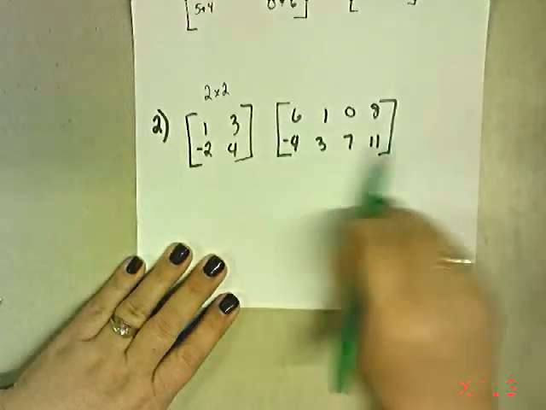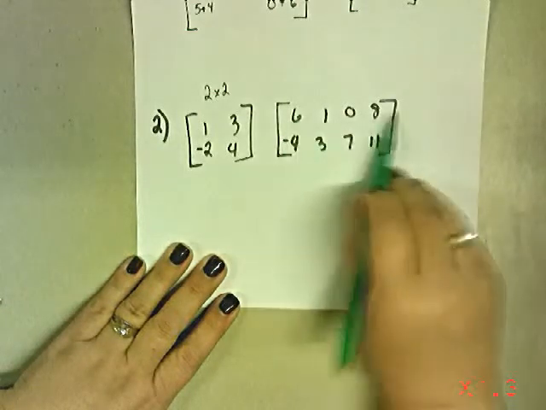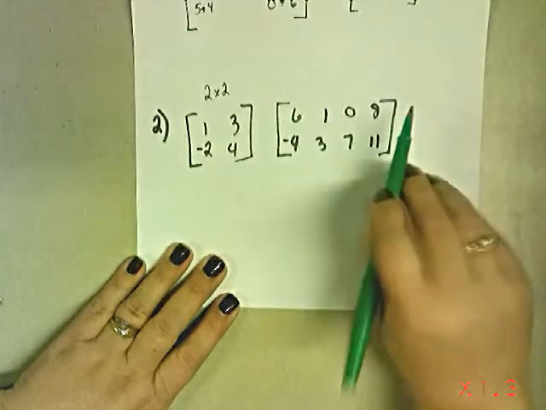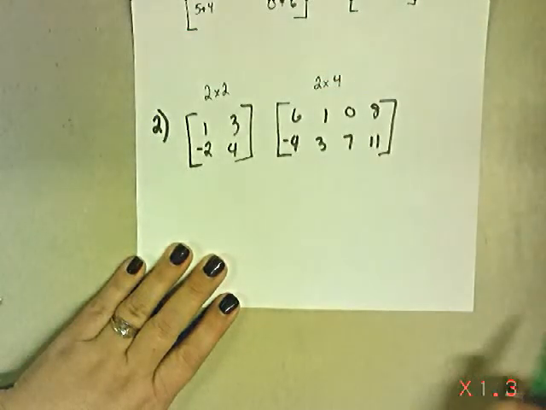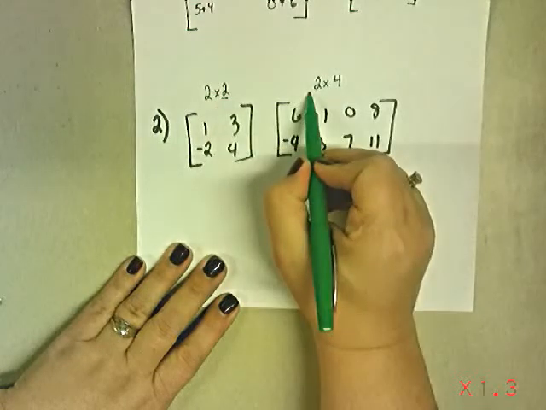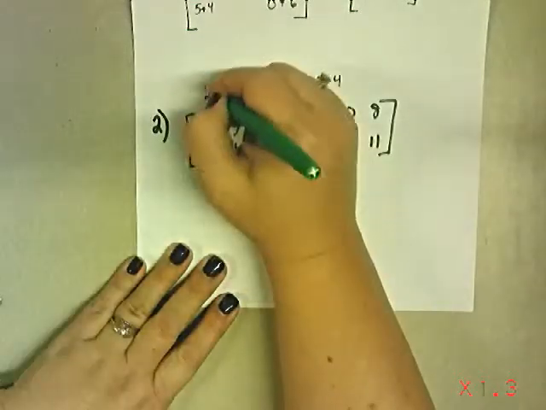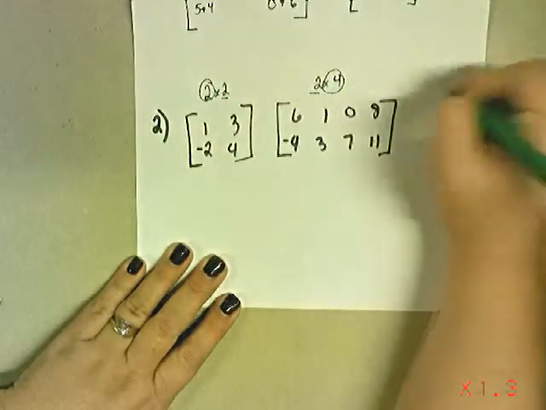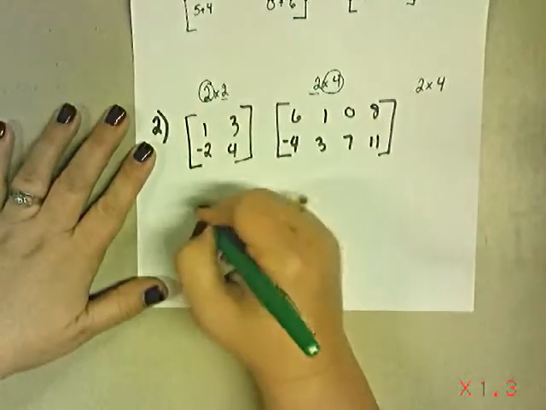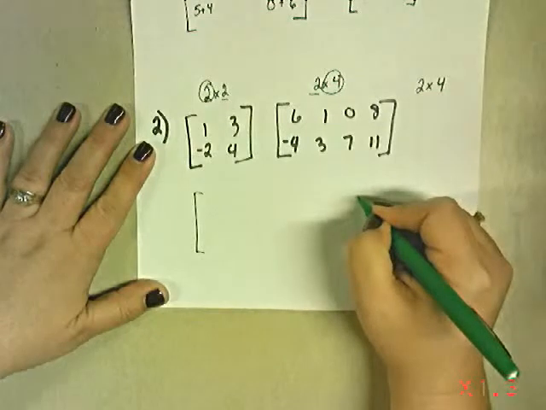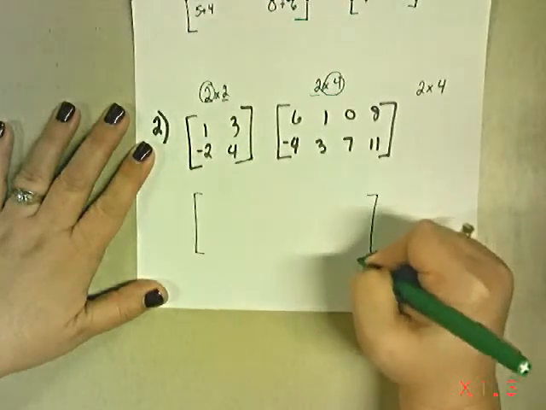This one is a 2 by 4. 2 rows, 4 columns. So these match, so we're good to go. And our answer is going to be a 2 by 4 matrix. So that means we're going to have 2 rows and 4 columns.